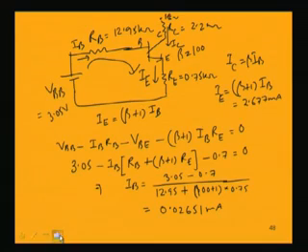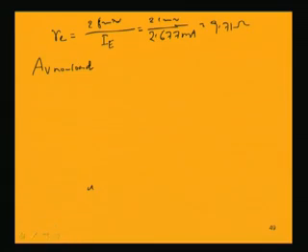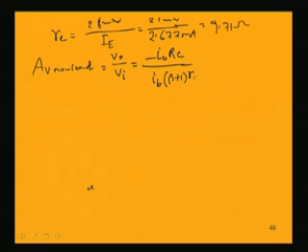So, this is called no load voltage, that is V naught by Vi is equal to minus I naught into RC by IB into beta plus 1 RE.